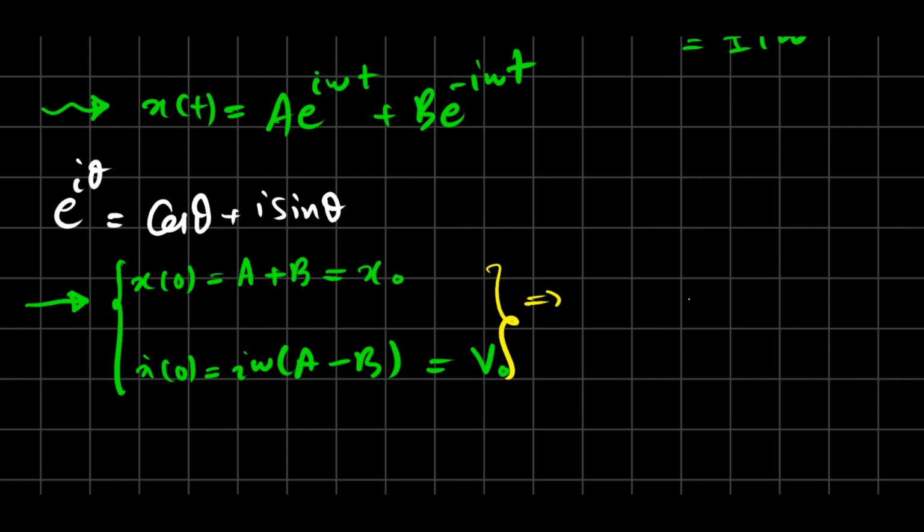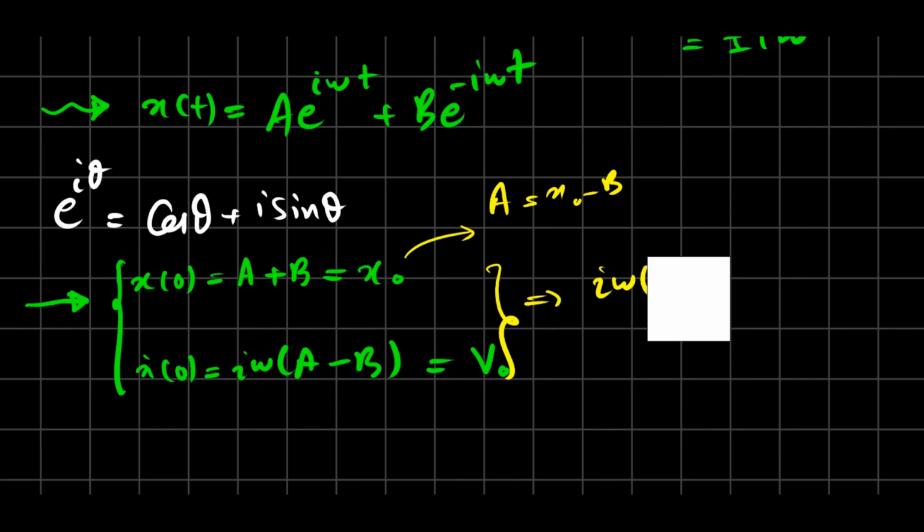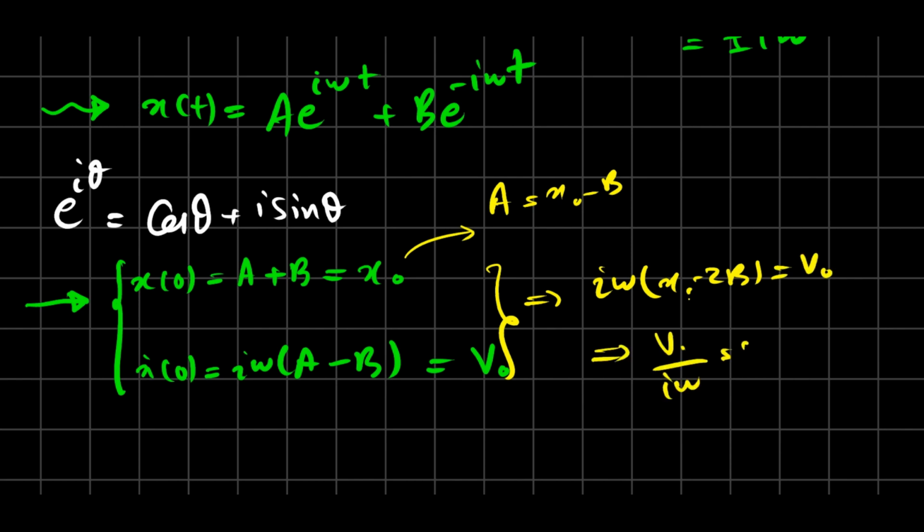I do that. From the first equation, you get a equals x naught minus b, and if you plug that into the second equation, i omega times a, which is actually x naught minus b, equals v naught. So v naught over i omega is equal to x naught minus 2b, and b equals x naught over 2 minus v naught over 2i omega.